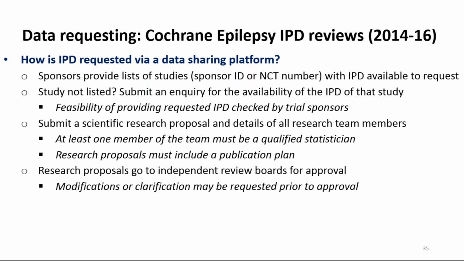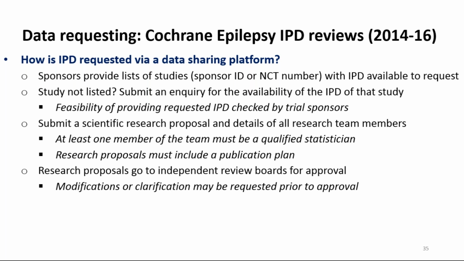Once you've established that there is some data you may wish to request, you then submit a scientific research proposal and also the details of all research team members. It's essential that at least one team member must be a qualified statistician, someone qualified to analyse data, and research proposals must also include a publication plan.